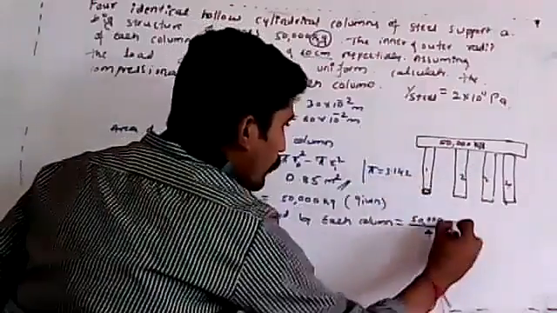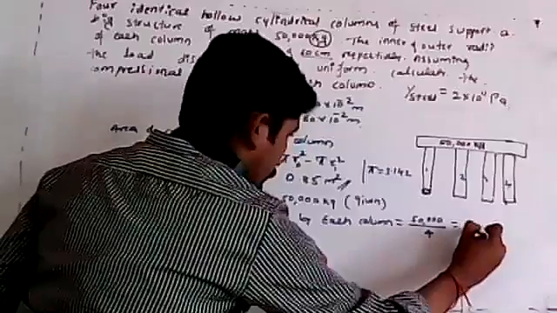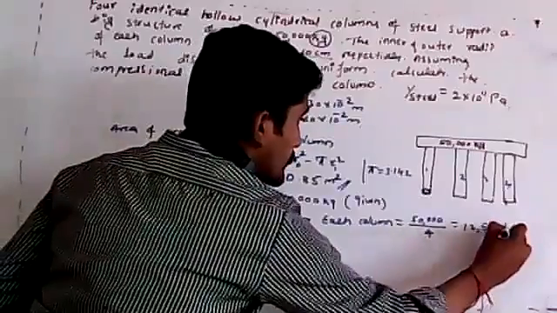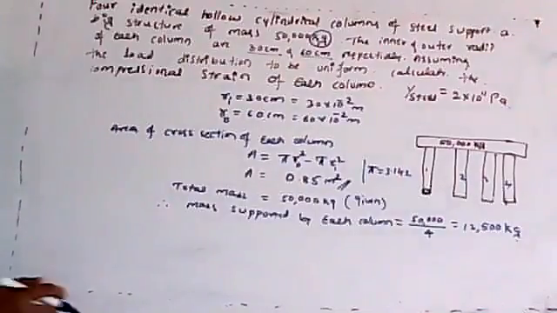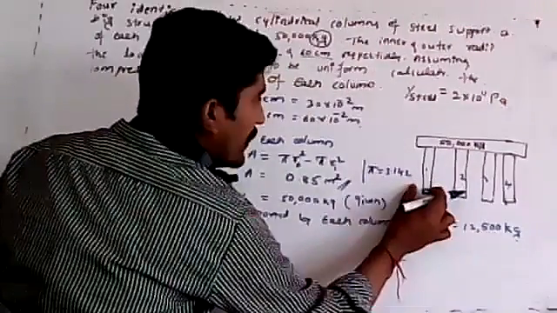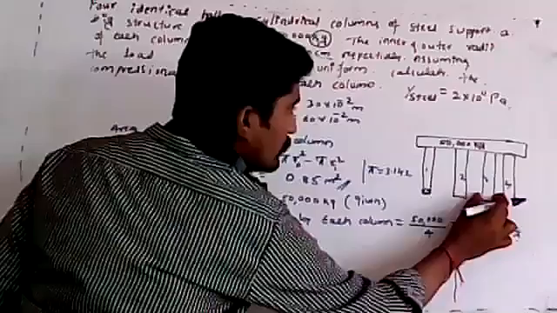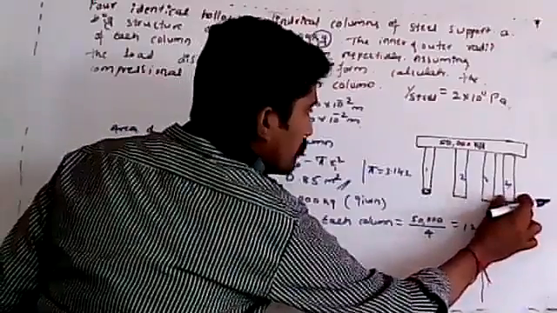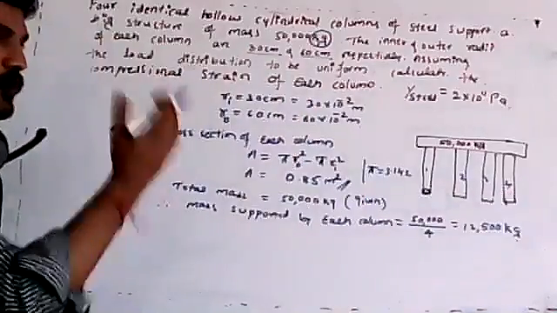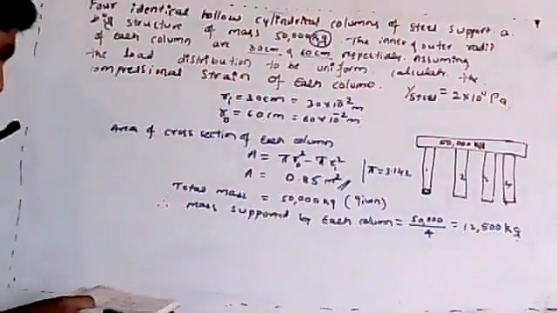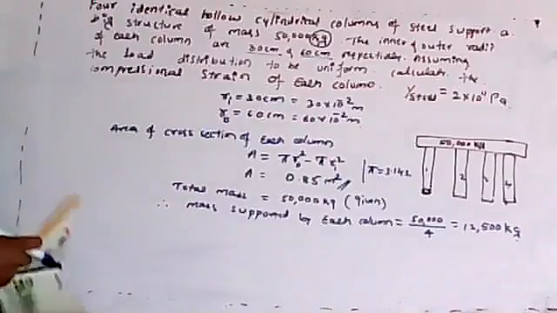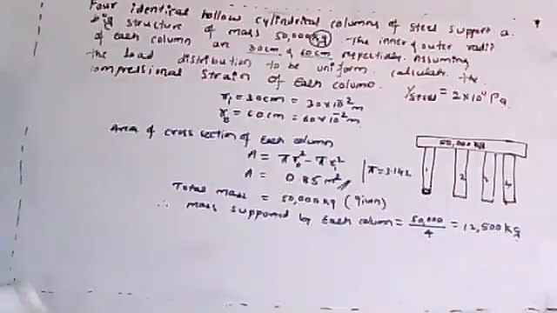So you will get this much, 11,500 kg. So uniformly that will be distributed. Now what I want here is strain.